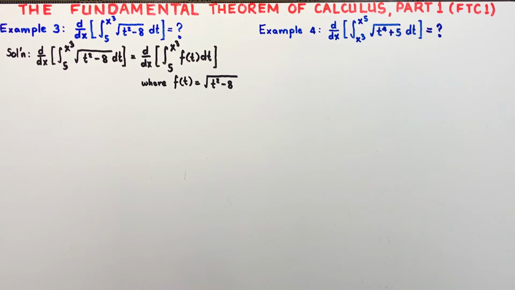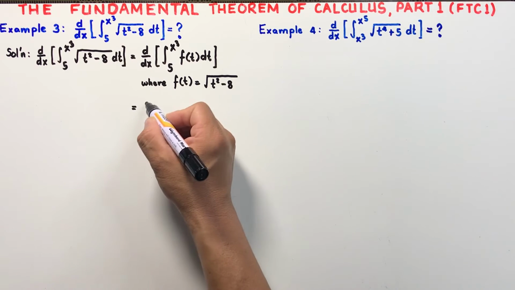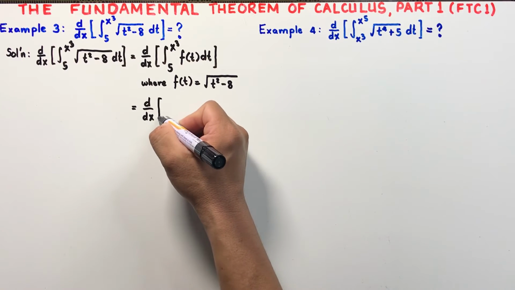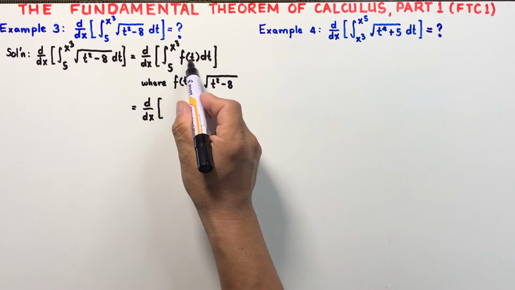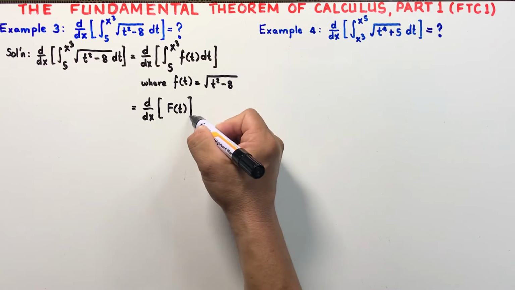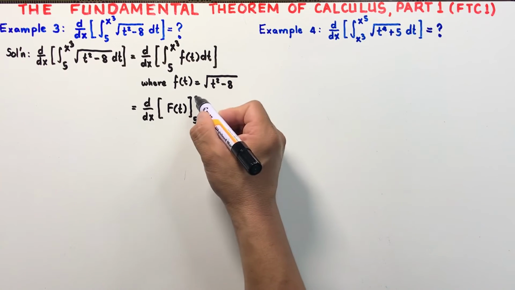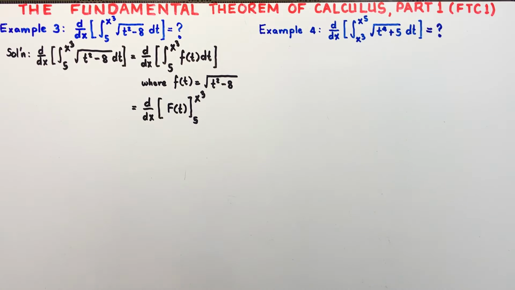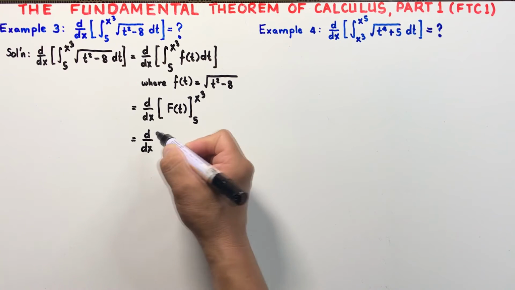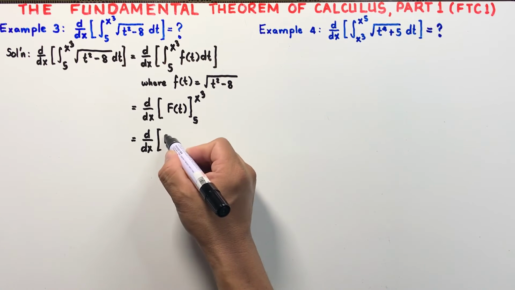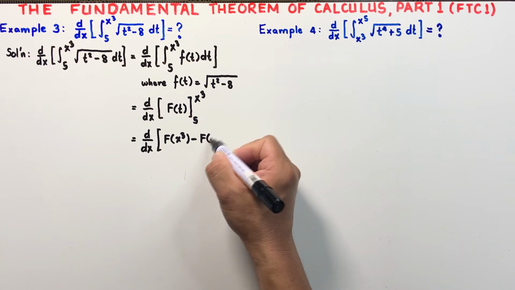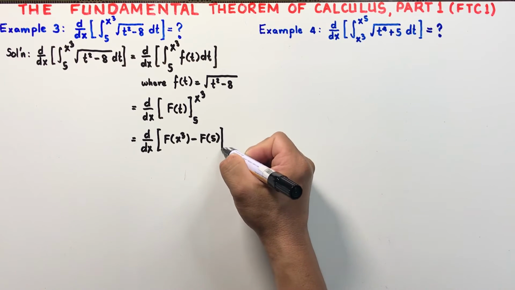So using the hypothesis of our fundamental theorem of calculus, the integral of the small f is the big F of t, evaluated from 5 to x cubed. And evaluating this from the limits of our integration, we have big F of x cubed minus big F of 5.